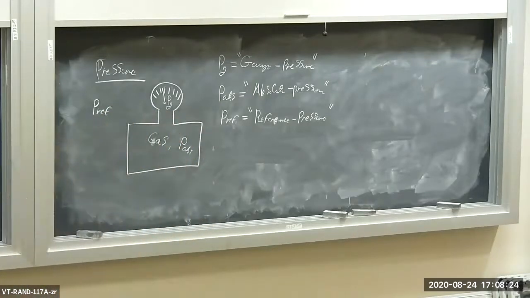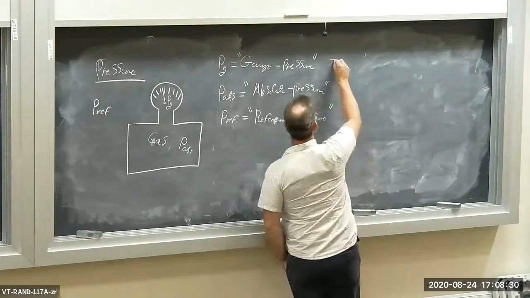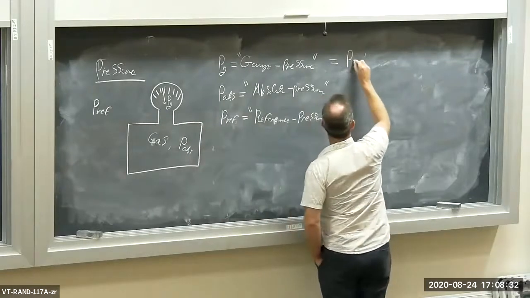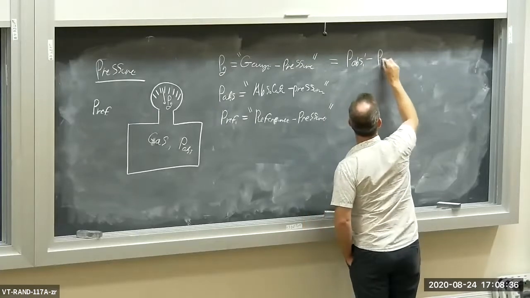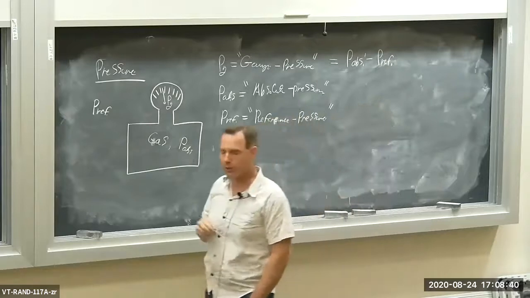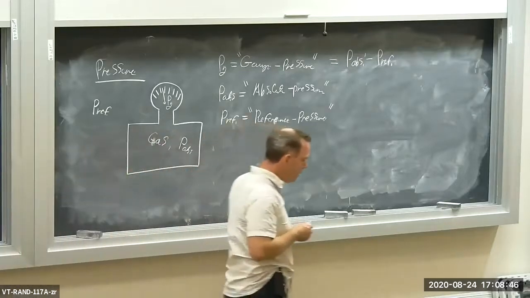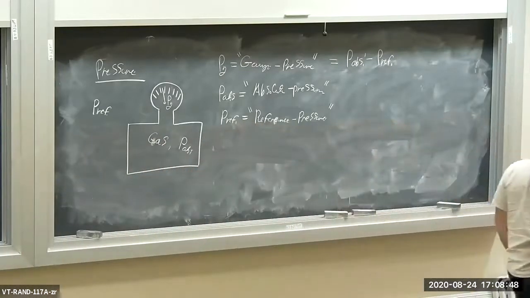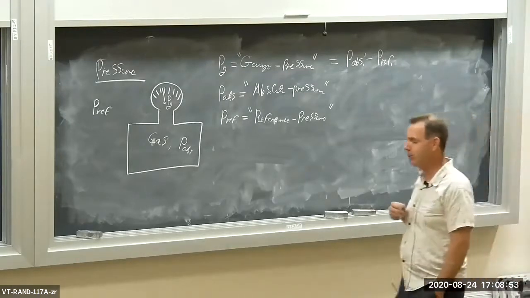So gauge pressure is always a difference in pressure. So P gauge is P absolute minus P ref. Hopefully you've seen this in basic physics, okay? Gauge pressure, reference pressure, absolute pressure.